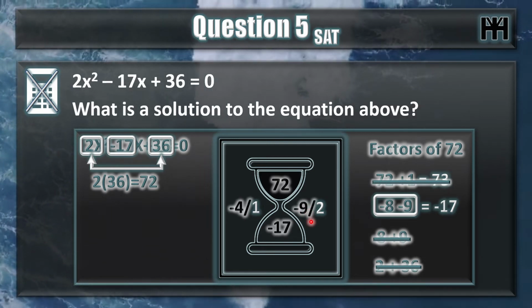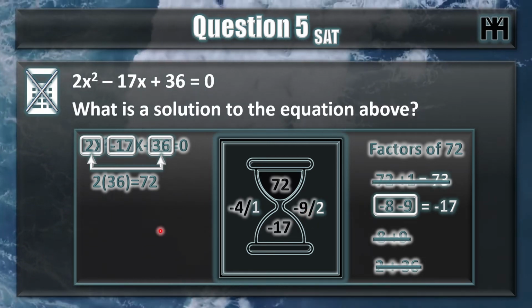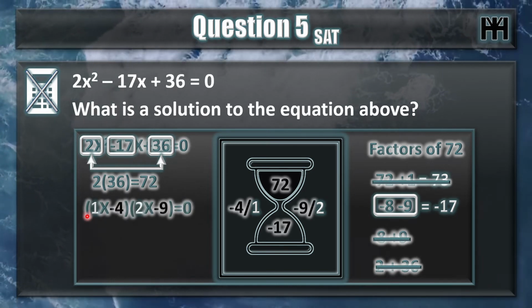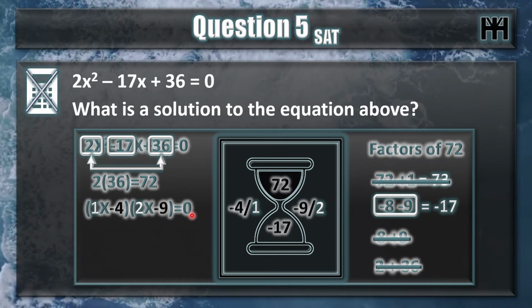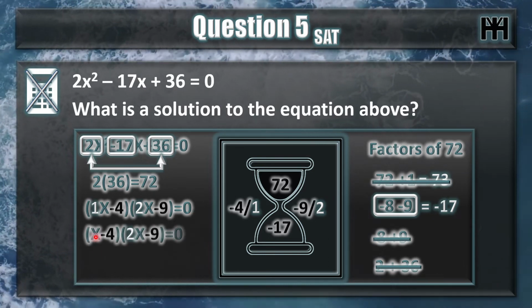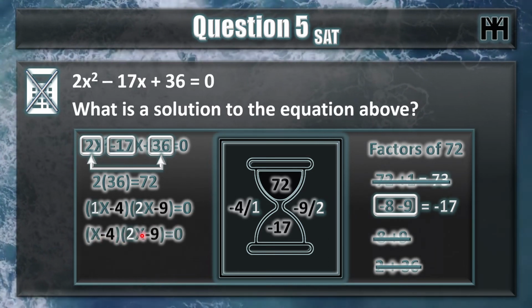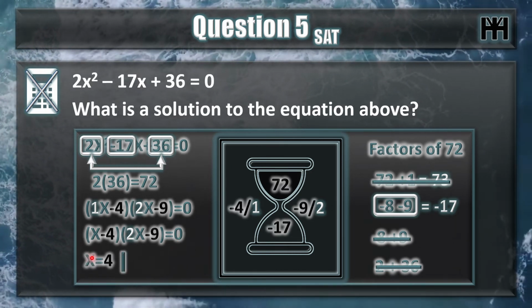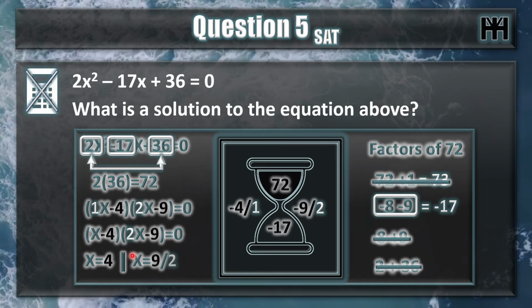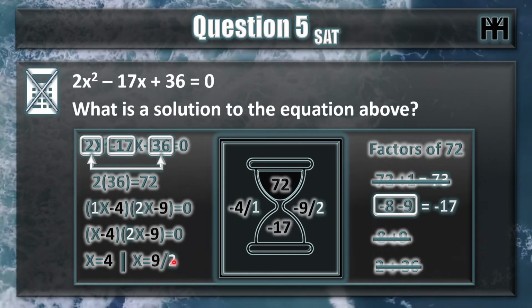Negative 9 divided by 2 can't be simplified. So here we go. We have x minus 4 and 2x minus 9 equals 0. So we can say x equals 4 and x equals 9 over 2.